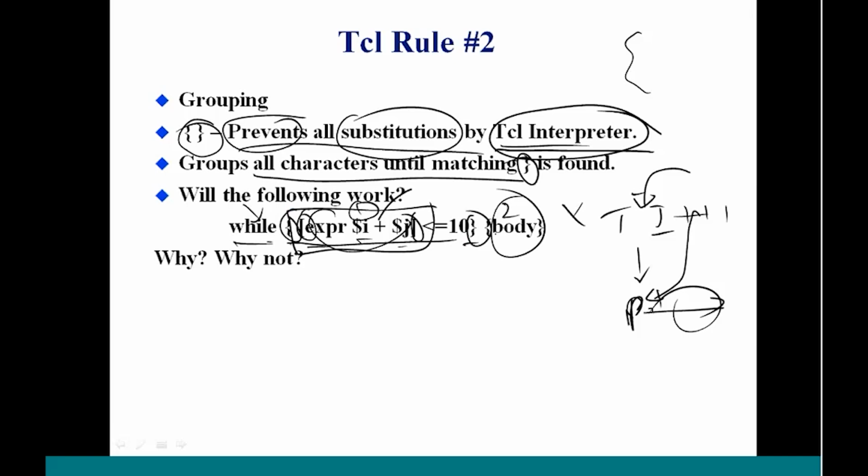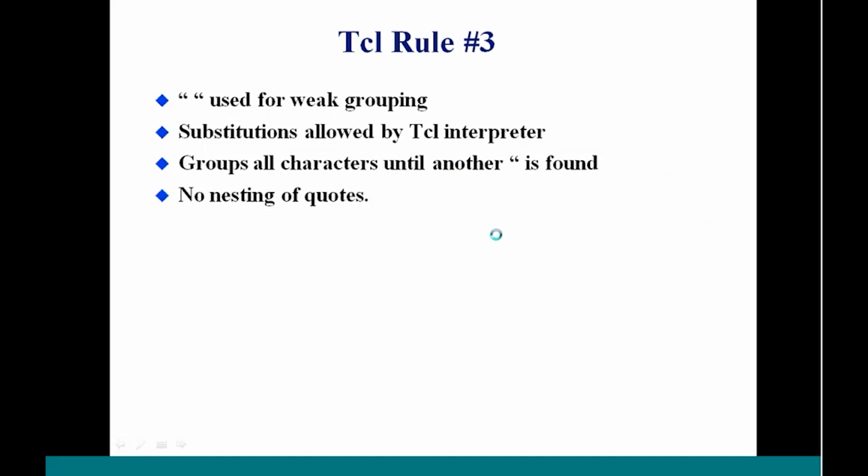So now let's go to rule number 3. Rule number 3 is to use the quotes for weak grouping. Here substitutions are allowed by the Tcl interpreter.